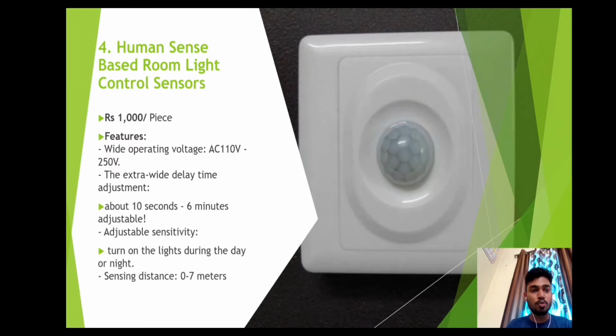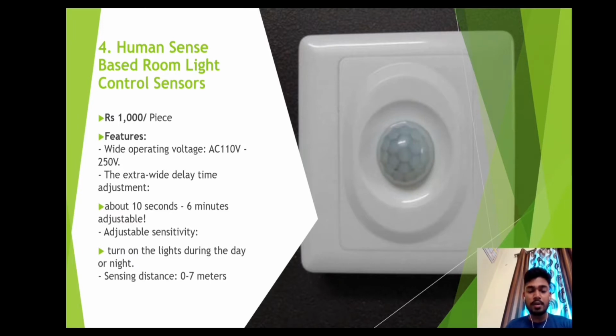Next is the human sense based room light control sensor. This is the image of the human sense based room light control sensor, and this is a very precious sensor. The price is around 1000 rupees per piece. The features are the following.